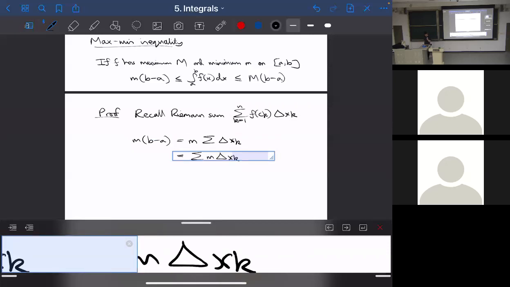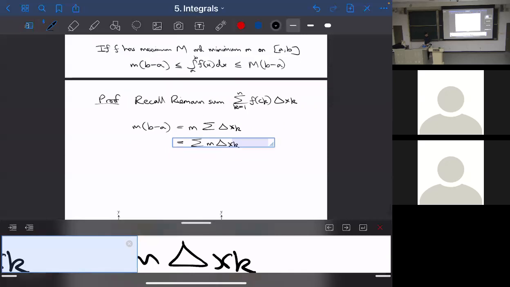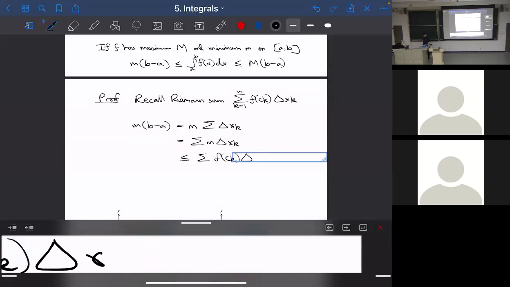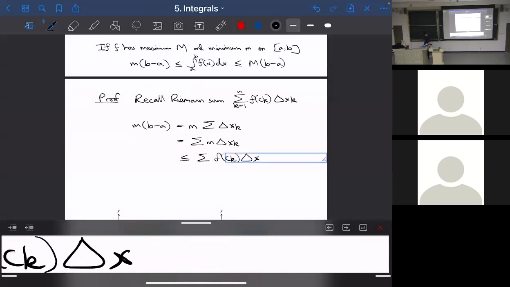So that is the sum of the lengths of the subintervals. And I can take that m inside. And because, by definition, the minimum is less than or equal to all the values, I get this inequality for the sums.